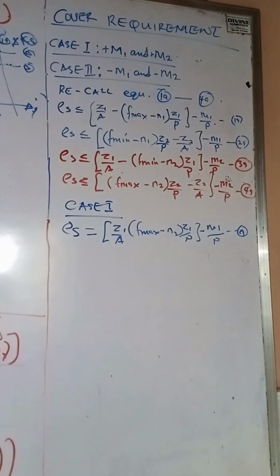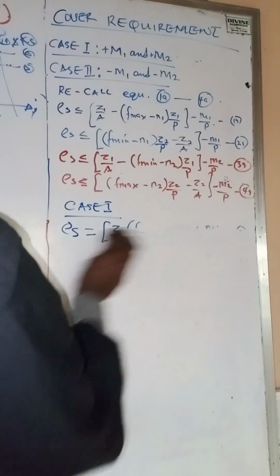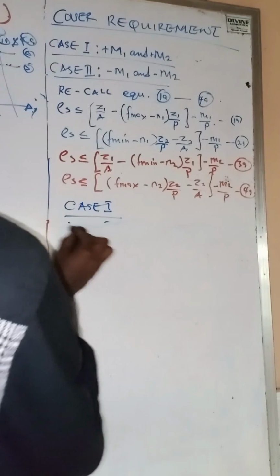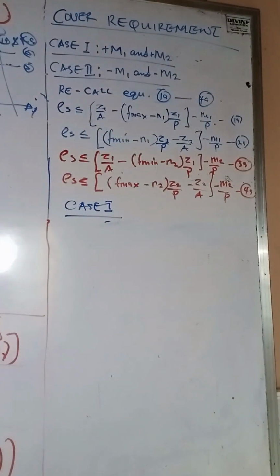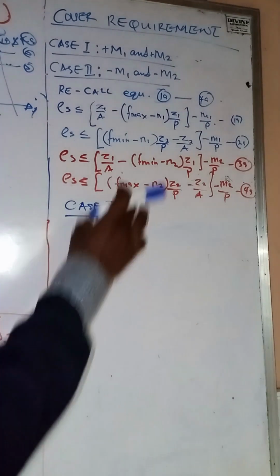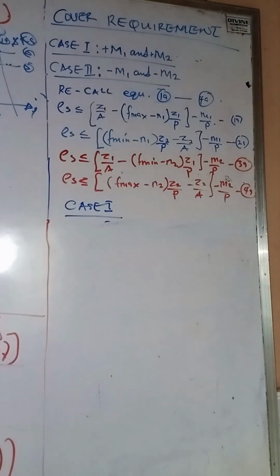Now, let's start off with equation 3A. Equations 3A and 4A will be used to obtain the cover requirement for a case where we have positive moments for M1 and M2.